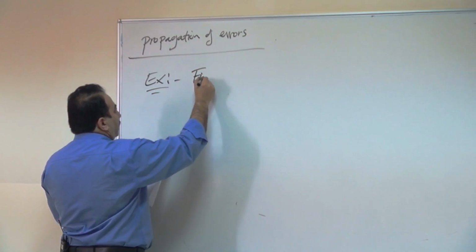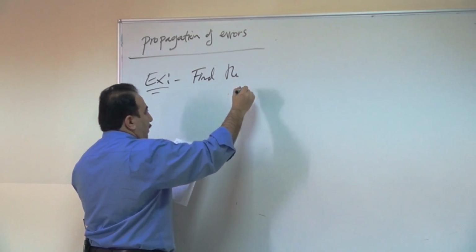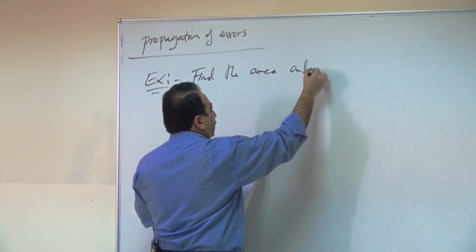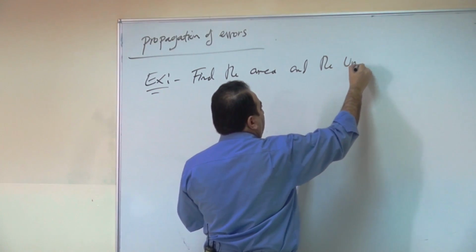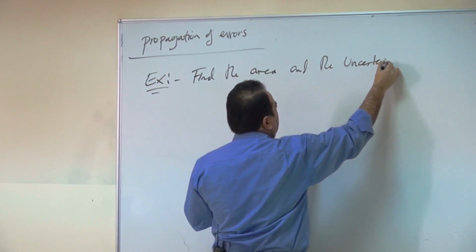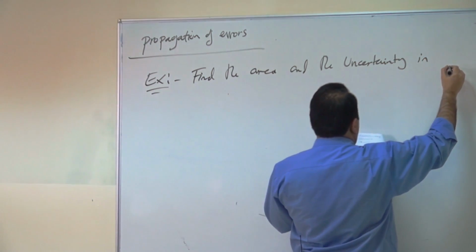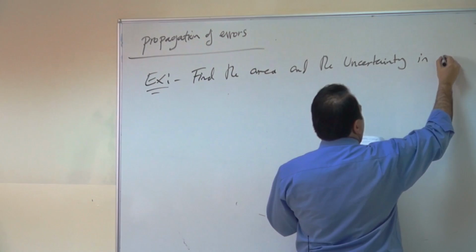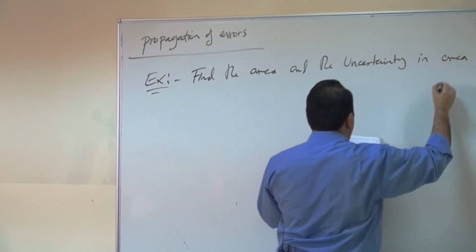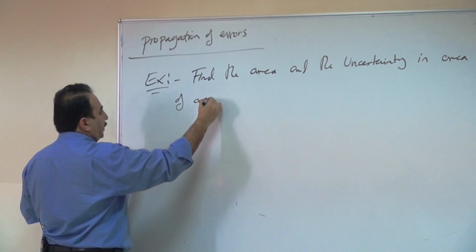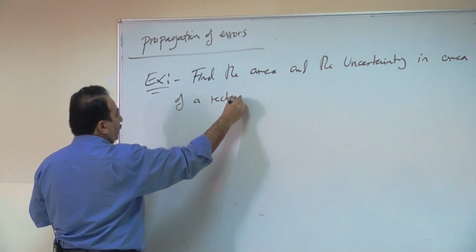Find the area and the uncertainty in area of a rectangle.